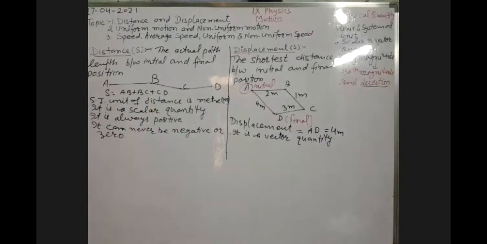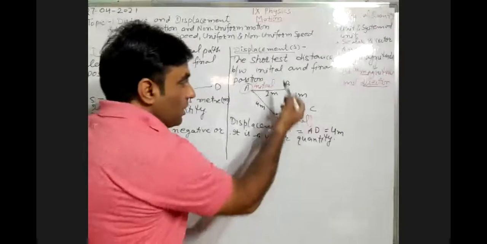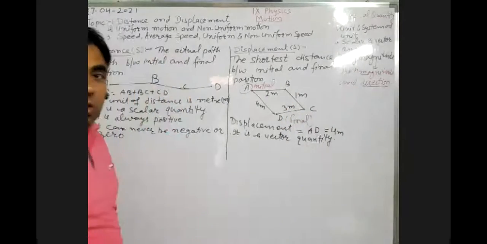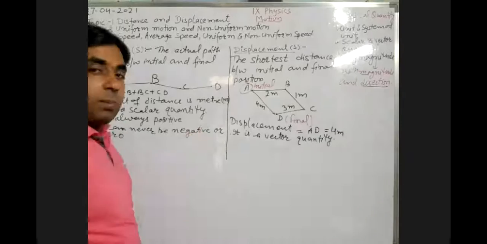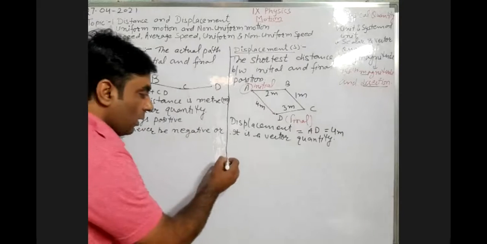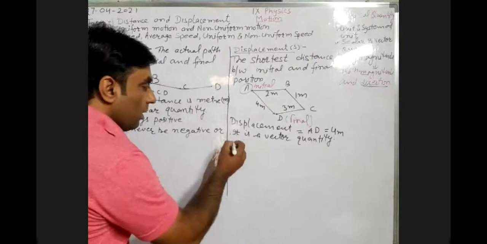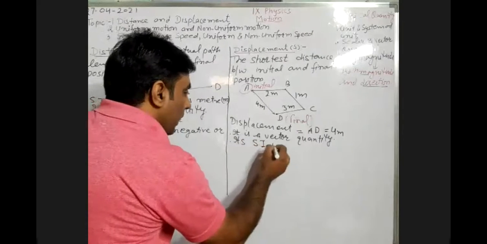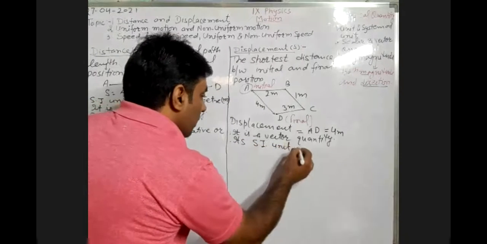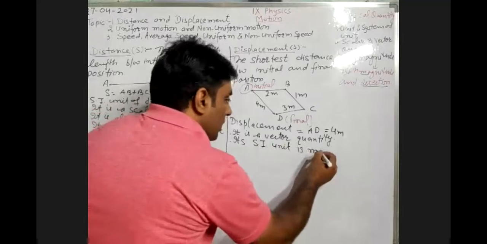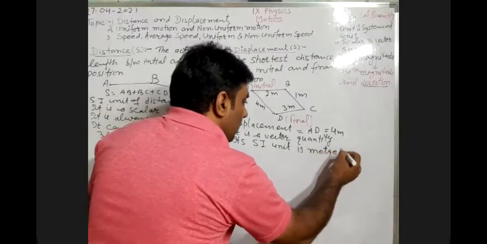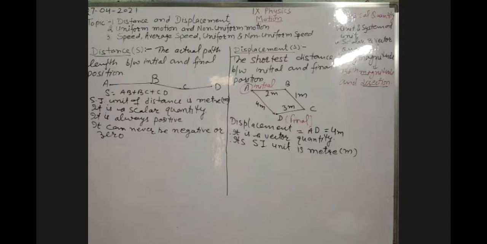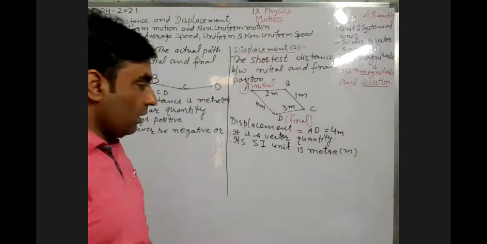And the quantity which has both magnitude and direction is known as a vector quantity. So that is why displacement is a vector quantity. Its SI unit is meter. Displacement is also measured in meter.